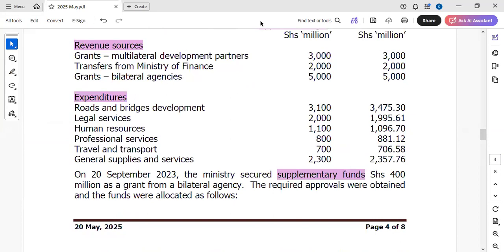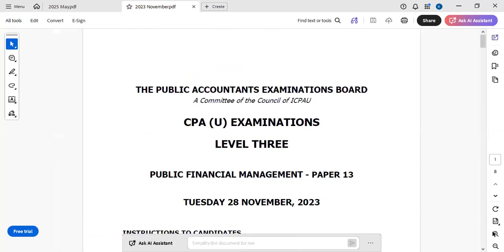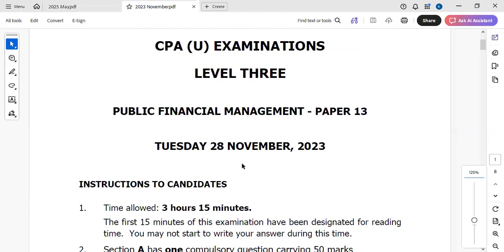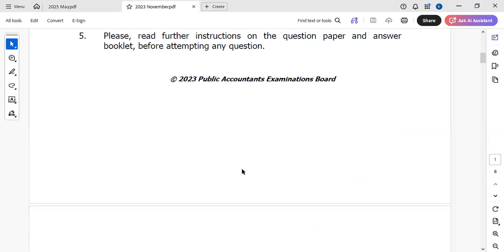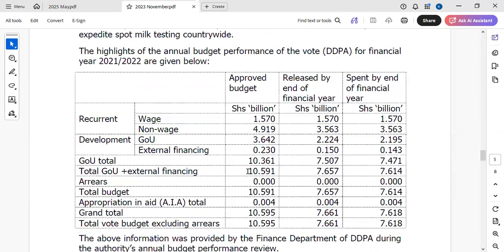For example, as we conclude in these last 13 minutes, look at November 2023. How many numbers have we done so far? 3. So when you look at November, are you seeing this question? Question 2.